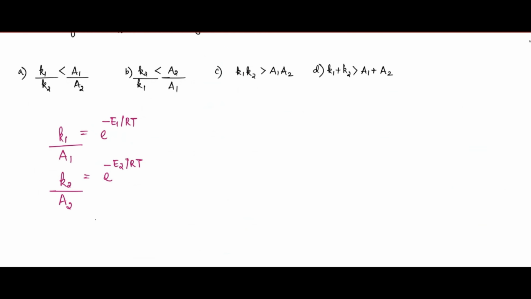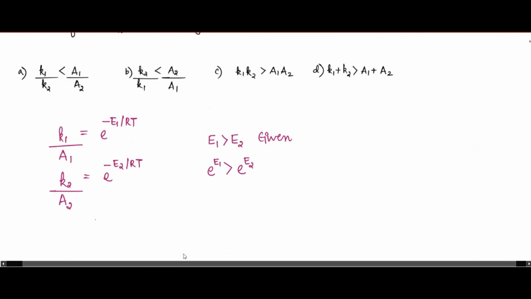Right? If you compare the LHS and the RHS, listen carefully. E1 greater than E2 is already given. So e to the power E1 will be greater than e to the power E2. No doubt?